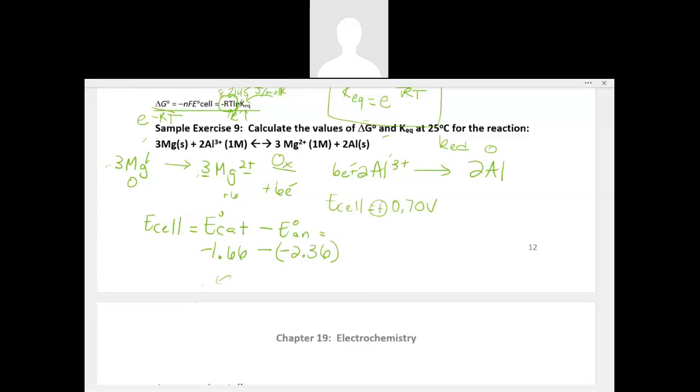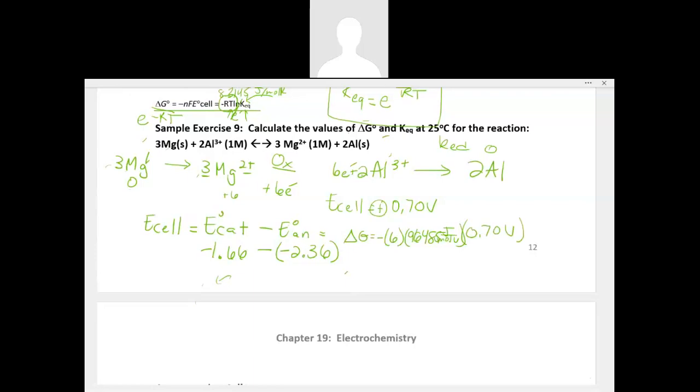Now, I can solve for delta G by plugging this into my negative nFE cell. N would be 6 moles of electrons. My F was 96,485 joules per mole volt instead of coulombs. And then I'm going to multiply by 0.70 volts.